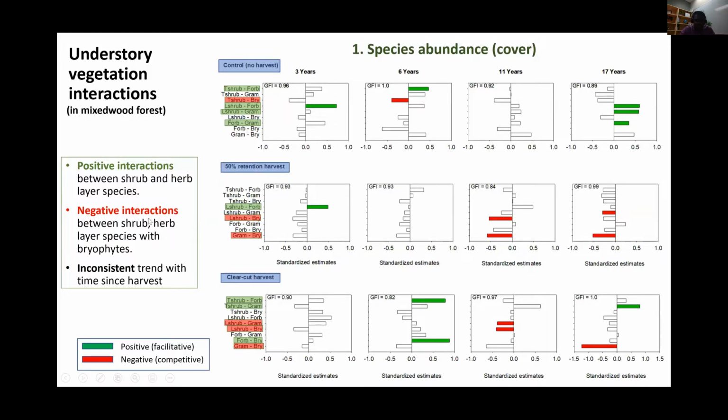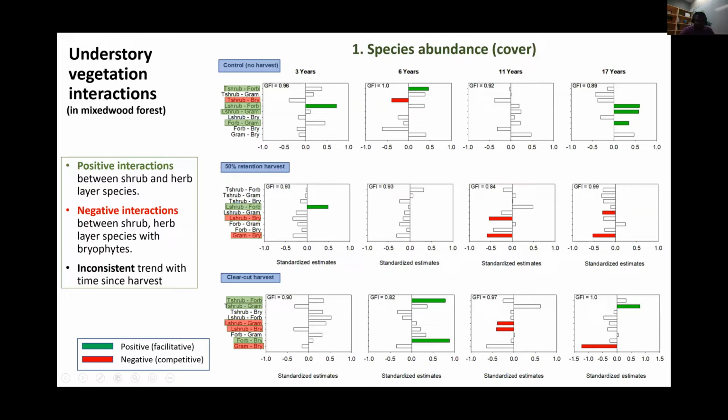And we can also see the negative interactions, so low shrubs and graminoids or herbaceous layer on bryophytes in particular. For the shrubs that we highlight in this graph, it could mostly be due to the chemical inhibition of shrub litter on the bryophytes. That's very well documented. So that could be explaining the negative interactions that we are seeing.